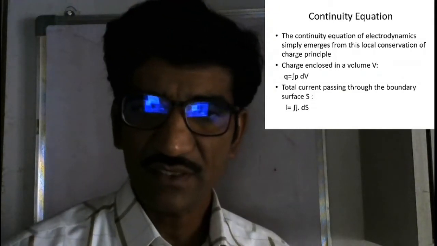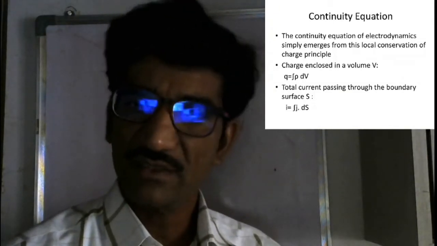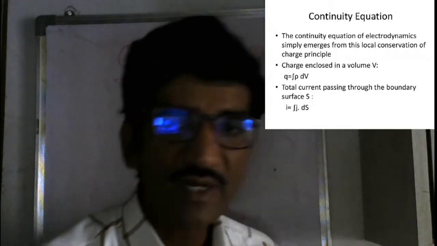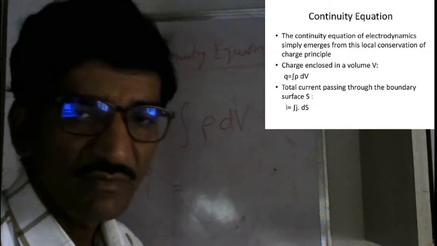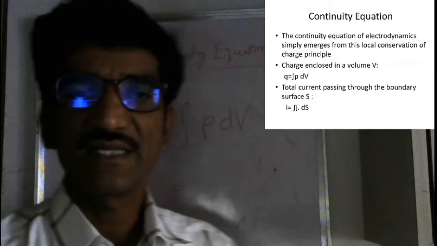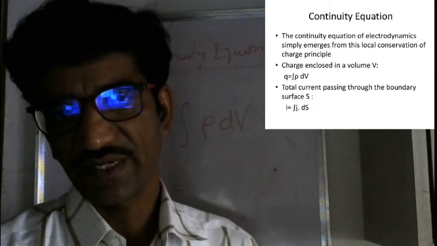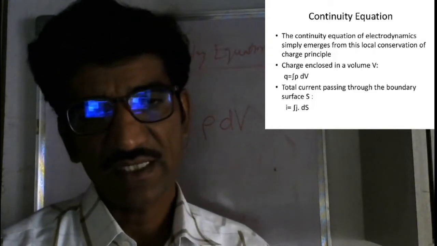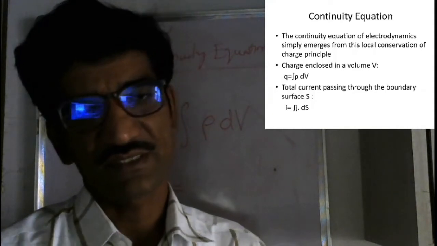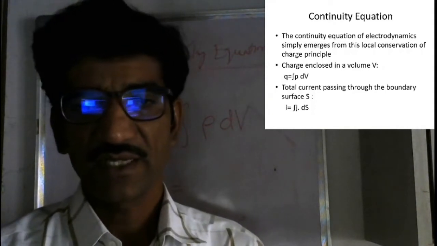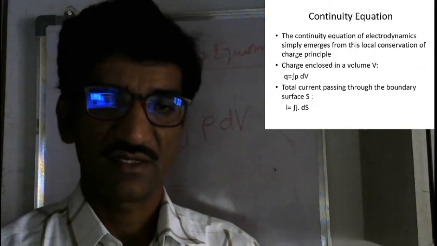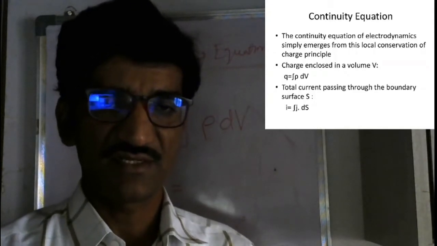The surface distribution of current over that surface is described by the surface current density J. That's why we write the current flowing through that surface in terms of J, the current density of that sheet surface.